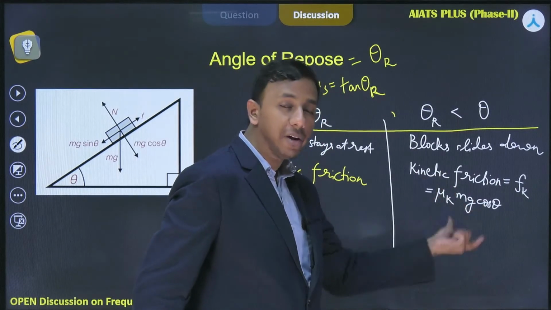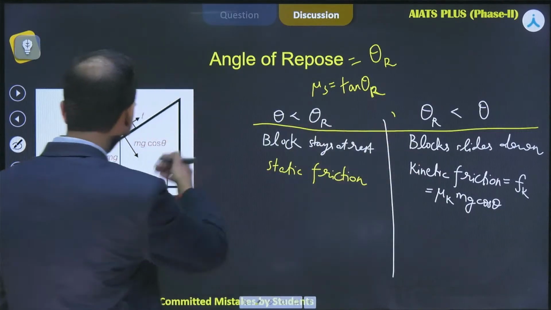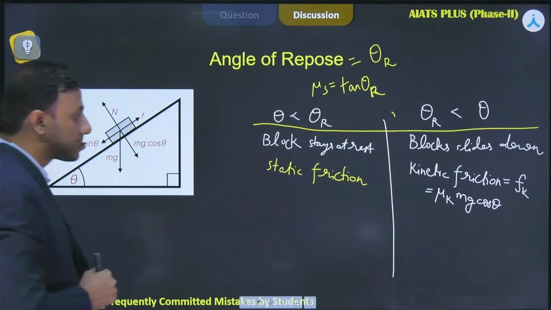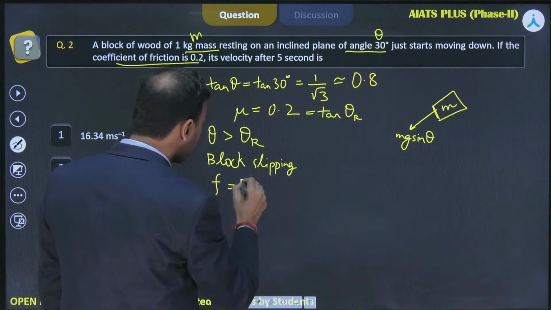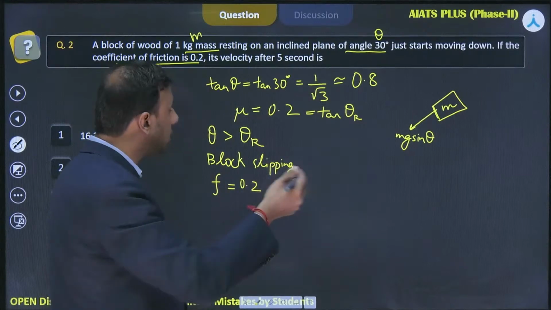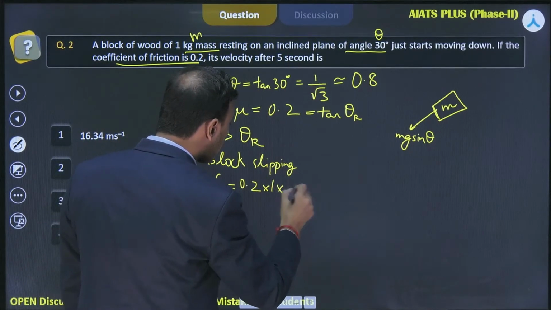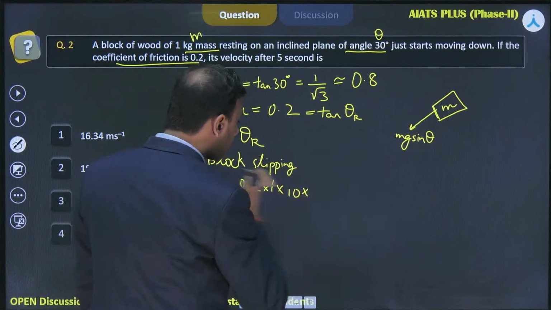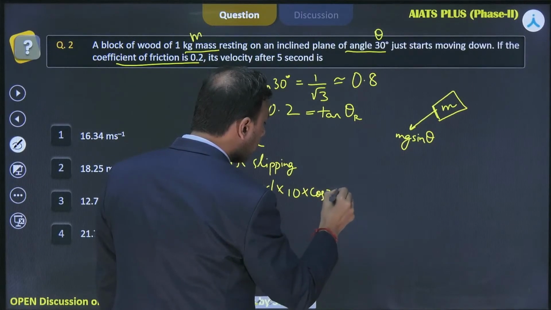This is going to prevent the block from slipping, but obviously the block is going to slip. The block is moving down the inclined plane. So mu k into mg cos theta. Mu k is 0.2, m is 1, g is 10, cos 30 degree.